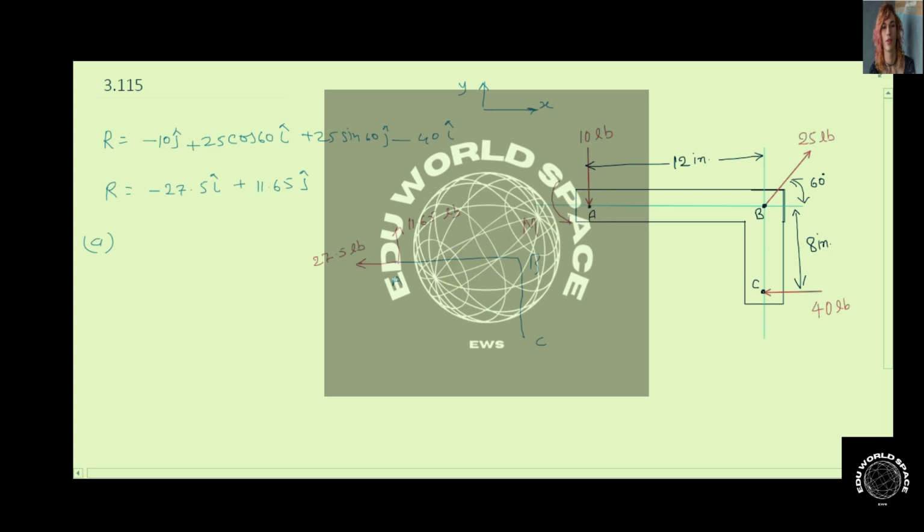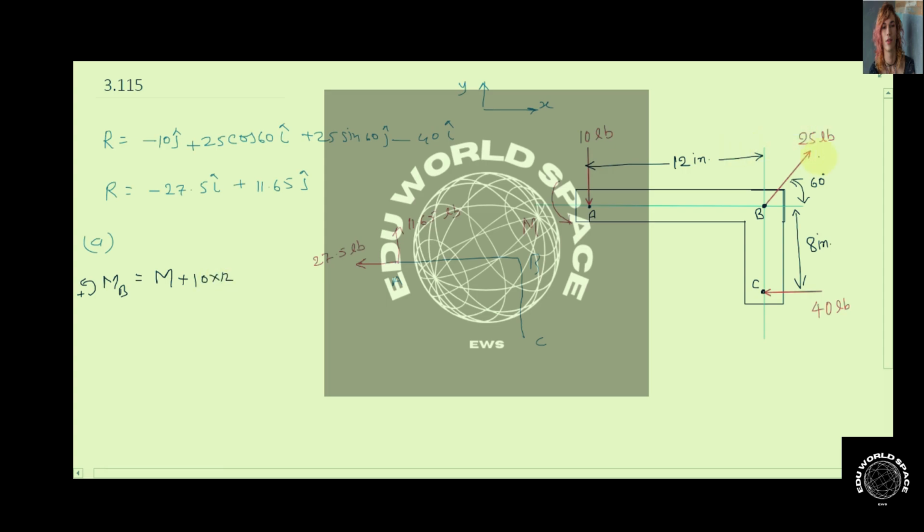If we calculate the moment about point B in the actual diagram, considering the anti-clockwise direction to be positive, this M is already in the anti-clockwise direction, so this will be M. This 10-pound force will cause an anti-clockwise couple, so this will be plus 10 multiplied by 12.